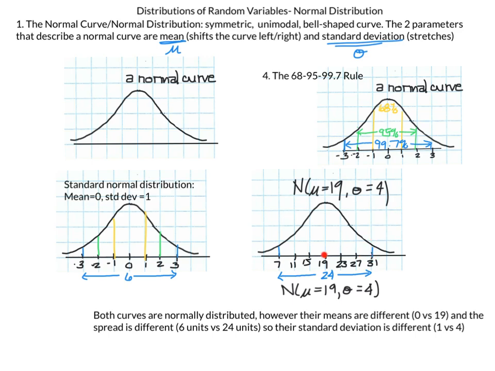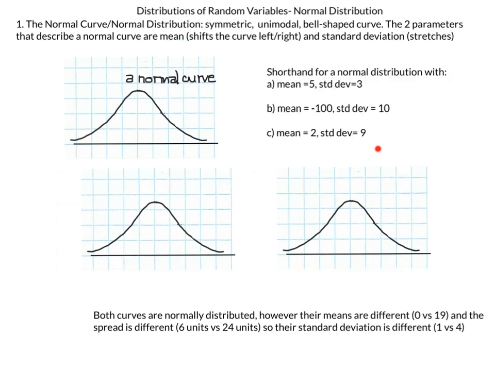That's over here, 3 standard deviations away from 19. In the negative direction, that will be 19 minus 3 times 4, so 19 minus 12, which gives us 7. So between 3 standard deviations smaller than the mean and 3 standard deviations greater than the mean, we have 24 units. So our data is much more spread out compared to here. And also our data is centered at 19 in this case.